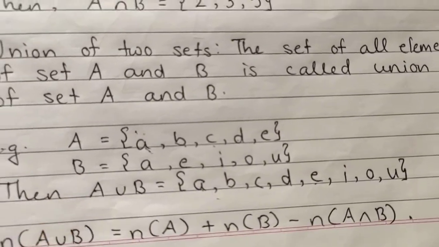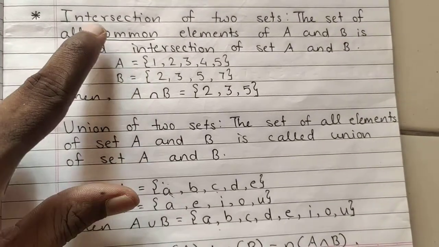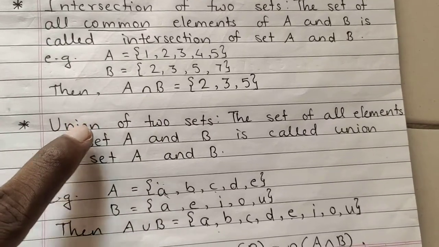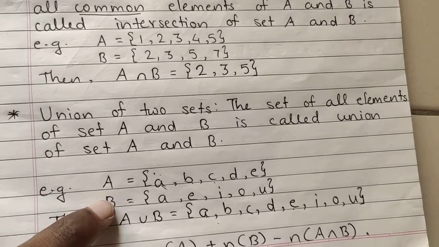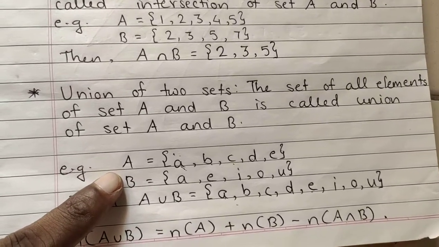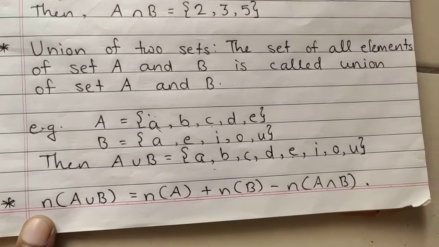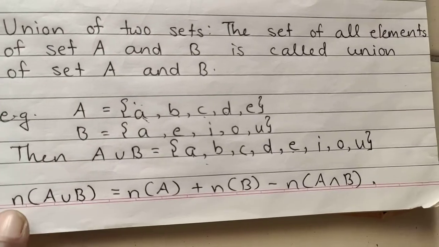Clear with this? So remember, whenever you are writing intersection, you have to write only common elements, but whenever you are writing union, you have to write all the elements, and remember, you will not repeat any of the elements. Okay, now we will move to our next important point, that is the formula. Now see, what is the formula?